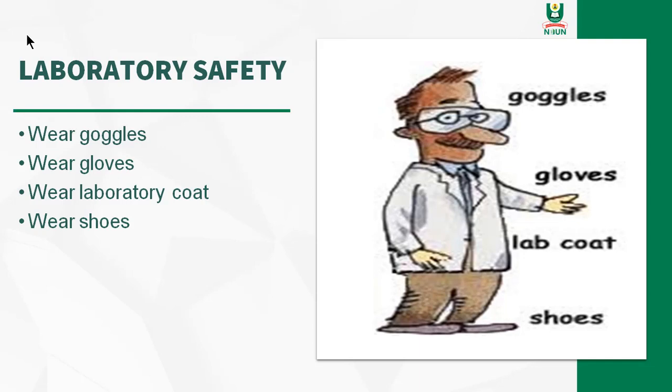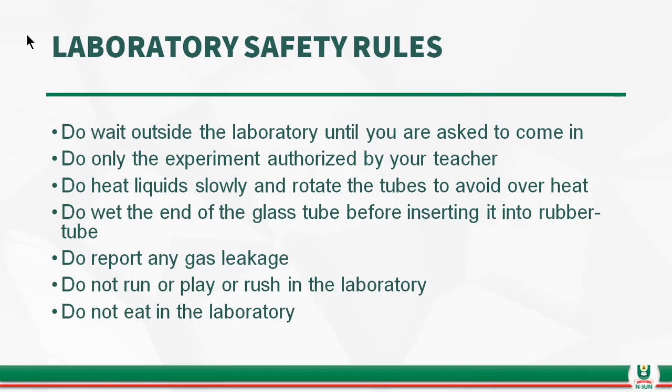Before you allow your students to enter the lab, they must come in with goggles, and they must wear gloves, laboratory coats, and shoes, so that when there is any spillage or accident in the laboratory, they will be protected. Laboratory safety rules are there for them too, to be obeyed.